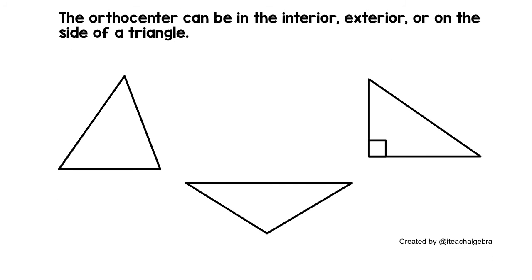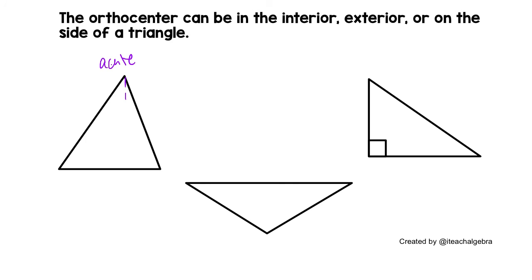For these, the orthocenter can be in the interior, exterior, or on the side. Let's see if we can show what that looks like. This is an acute triangle.